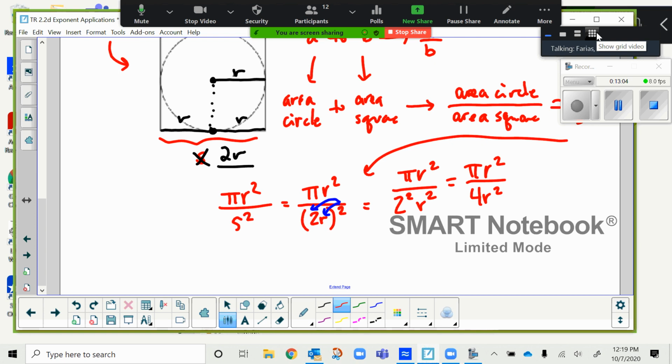The r squareds, right? Whenever you have the same thing on top and bottom, it simplifies to 1. And we don't write the 1 because when you multiply by 1, it doesn't change anything, so we just say cancels out. And so then what we have left here is pi over 4. And then whatever the units are, because this is just a generalized problem.